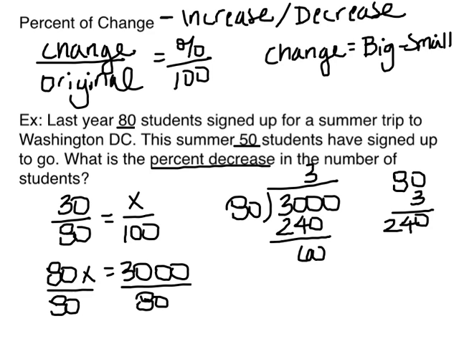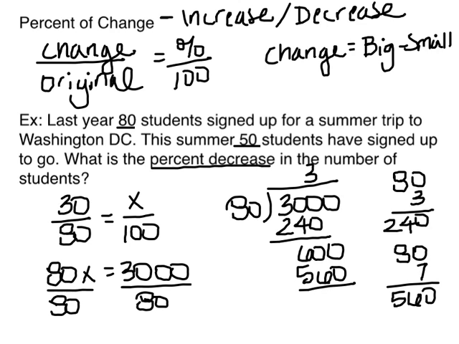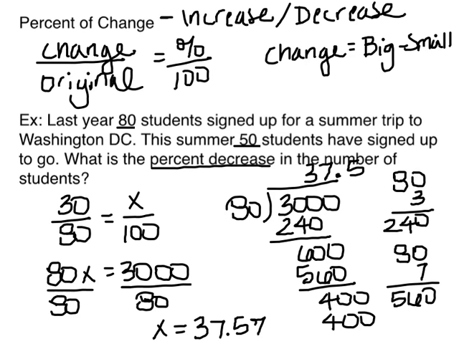So that difference is going to be 60, so 600. 8 goes into 60 7 times, 560. So 7, and then difference is 40, so 400, so it's going to be 5, because 8 times 5 is 40, so 80 times 5 is 400, so x is going to be equal to 37.5%.